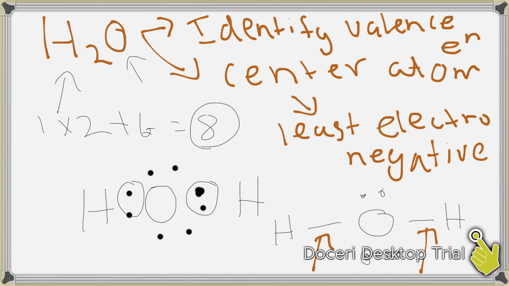These non-bonding electrons we call lone pairs. So this is the basic way to draw a Lewis structure.